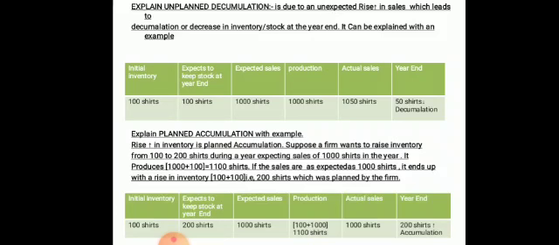So at the year end, 50 shirts decumulation is there. Whatever it produced, 1000, has got sold, and 50 shirts from the initial inventory of 100 shirts have been sold, and there is a reduction or decumulation of stock which is unplanned, due to an unexpected rise in the sale of the shirts.